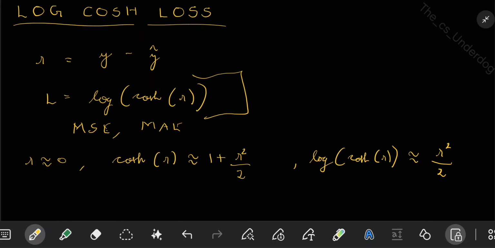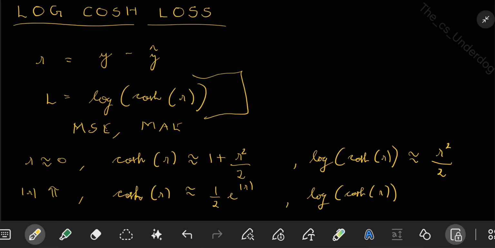Next thing is, if your residual is very large, that is, mod r is a very high value, in that case what happens? Your cosh of r will function somewhat like half into e power mod r. And if cosh of r is half of e power mod r, then your log cosh of r will function like mod r minus log 2.